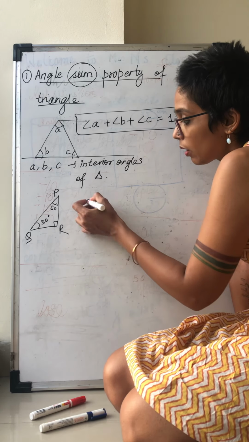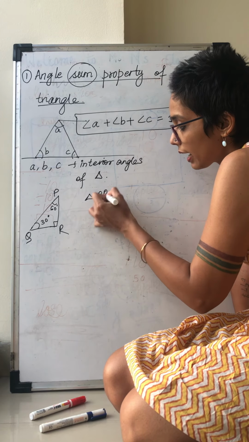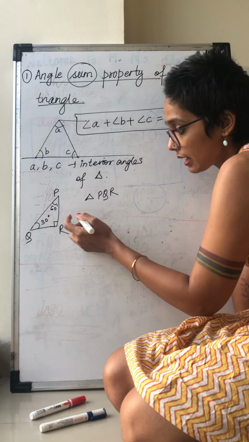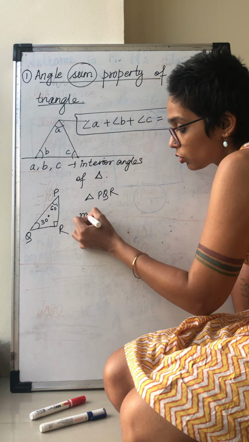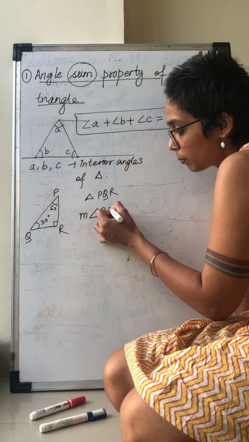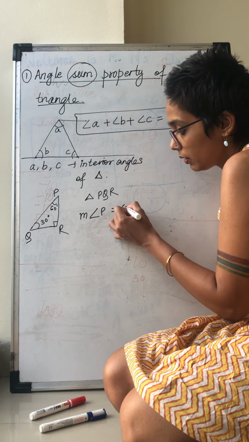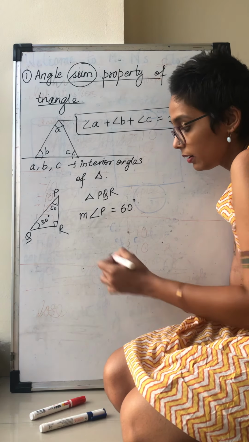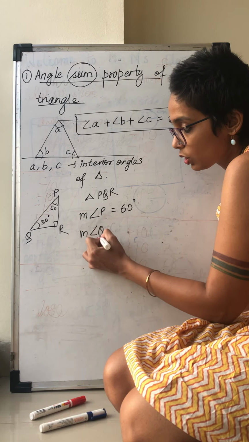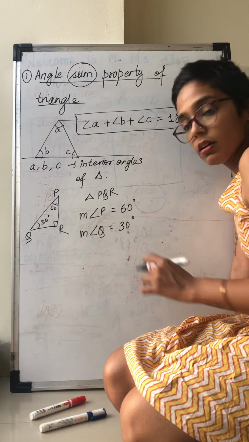Now how do we read this? In triangle PQR, I can say measure angle P is nothing but 60 degrees, and measure angle Q is nothing but 30 degrees.